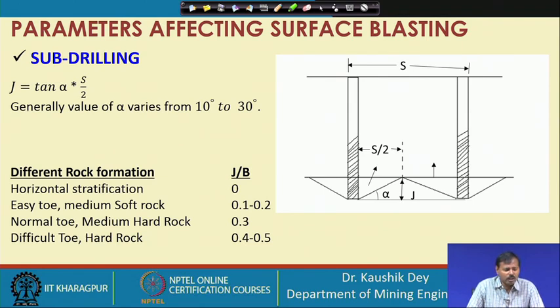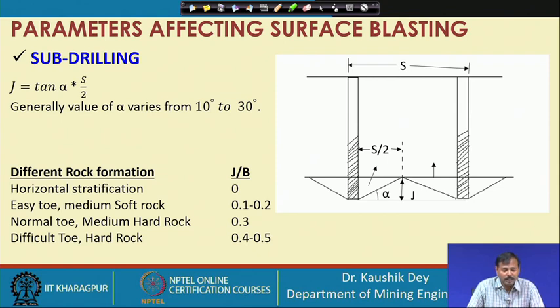In those cases, sub drilling may not be required, especially for bedded deposits. Where the rock is soft or the toe is easy, a little fracturization allows the loading machine to clear the floor, clear the toe if at all it is formed. In those cases, the sub drilling by burden ratio may vary between 0.1 to 0.2, because a little fracture will allow the excavation of the toe part.